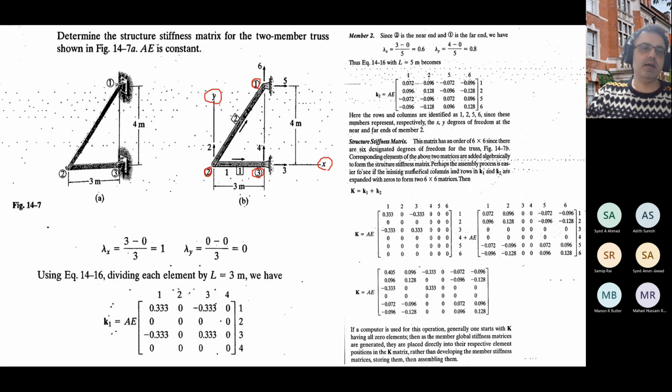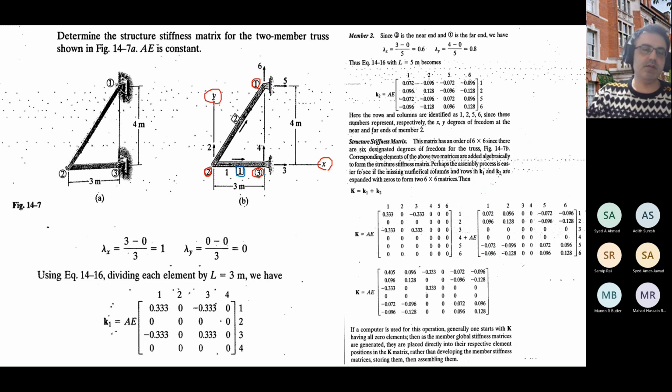When you distinguish your joints, you need to number your elements. So this is element 1, which connects joint 2 to 3. This arrow here shows that element number 1 connects joint 2 to 3, and 2 is called near end and 3 is called far end.